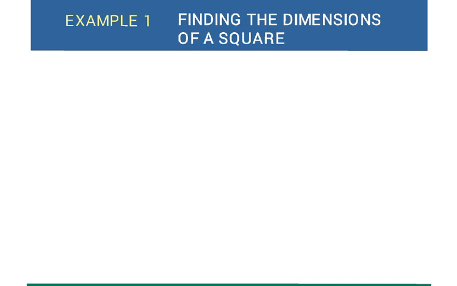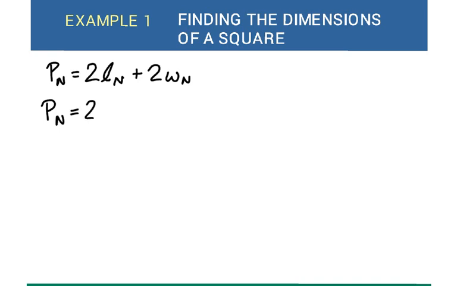Okay, so going from there, our new perimeter is equal to 2 times the new length plus 2 times the new width. And we know our new length is x plus 5, and the width is x plus 3.